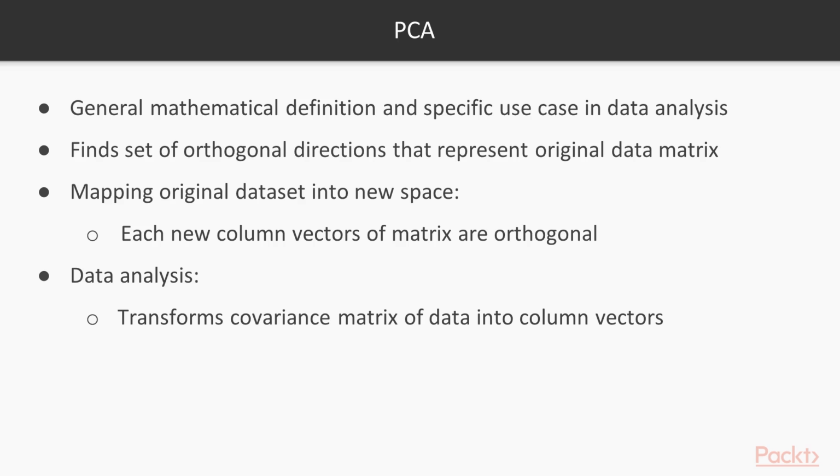Generally, PCA works by mapping the original dataset into a new space where each of the new column vectors of the matrix are orthogonal. From a data analysis perspective, PCA transforms the covariance matrix of the data into column vectors that can explain certain percentages of the variance.